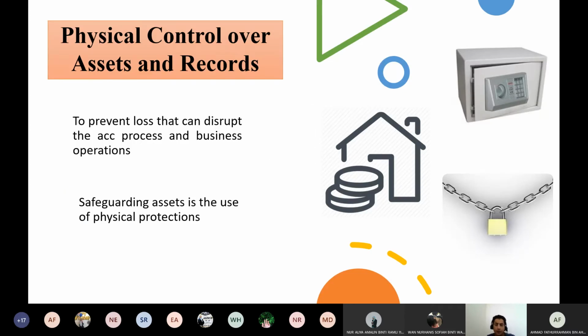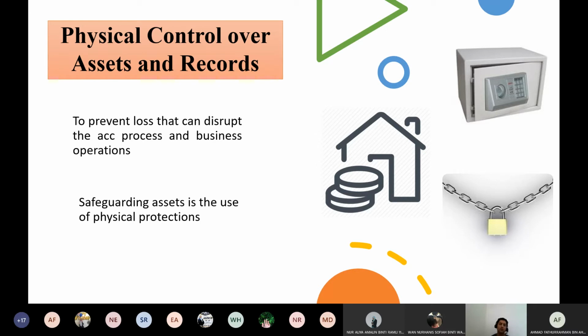Next, the internal control activity is about physical control over the assets and records, and mainly this one is related to the physical assets, which are either the inventory, the PPE, or the cash on hand.